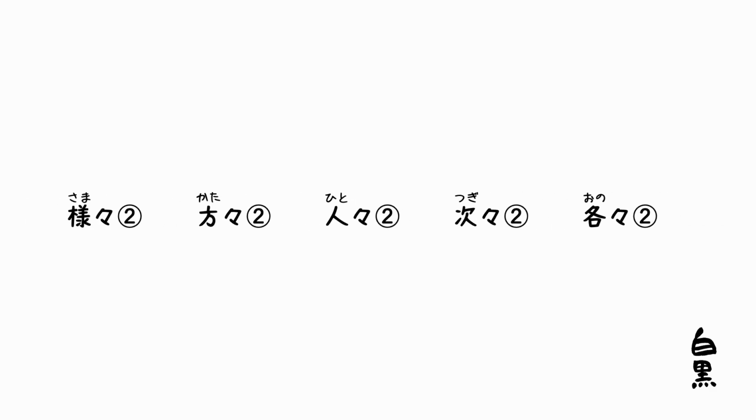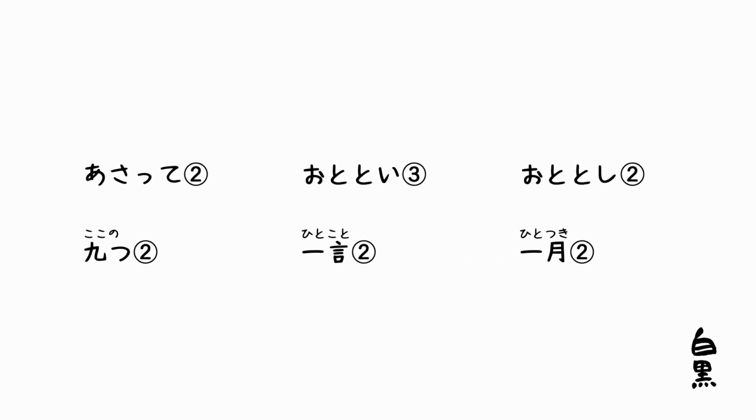Reduplicated forms, like 様々、方々、人々、次々、おのおの. Time and numeral related words, like あさって、おととい、おととし、9つ、一言、一月.